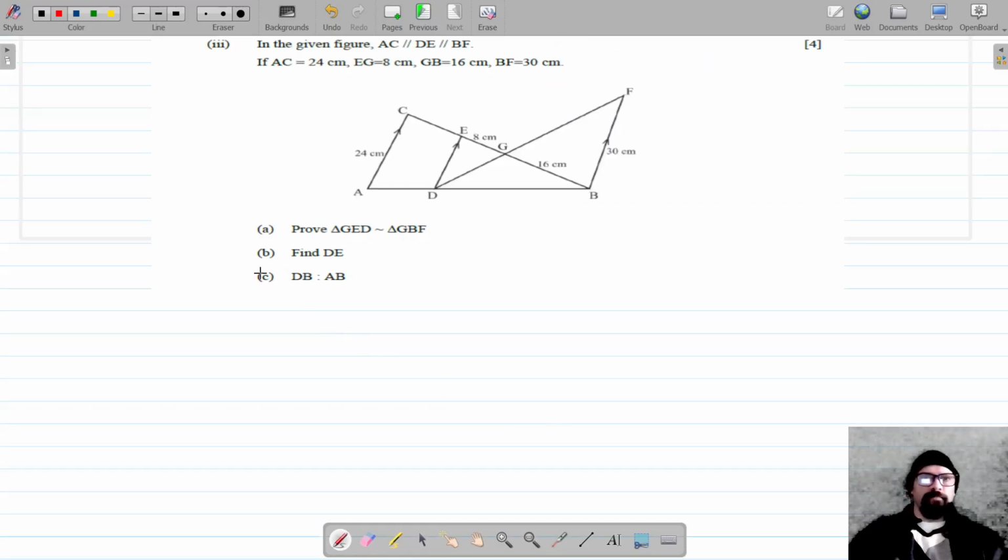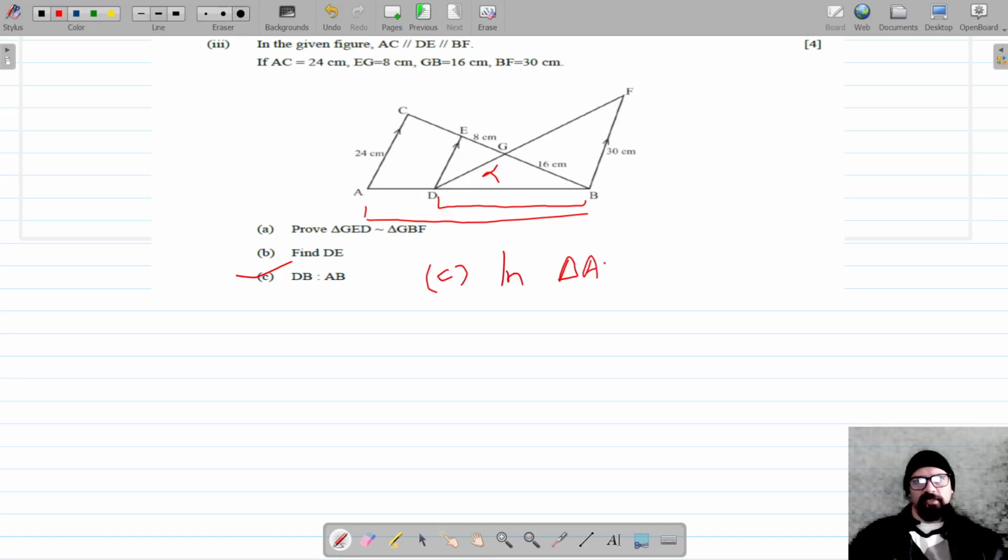Okay, for part C, we have to find the ratio of DB to AB. So this is DB and this is AB. DB comes in triangle EDB and AB comes in triangle ABC. So we have to prove that these two triangles are similar, triangles ABC and DBE.